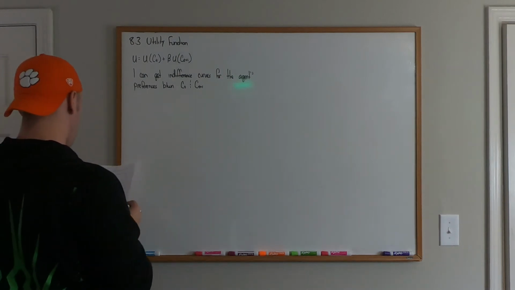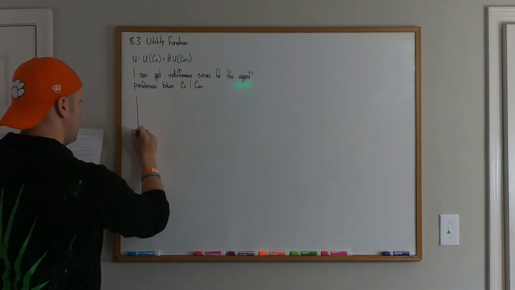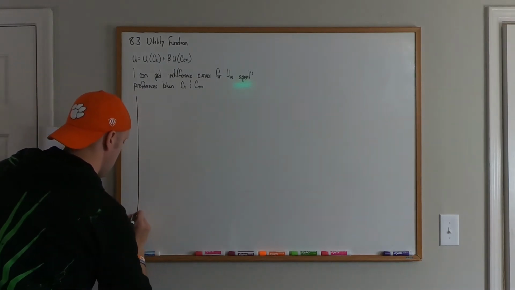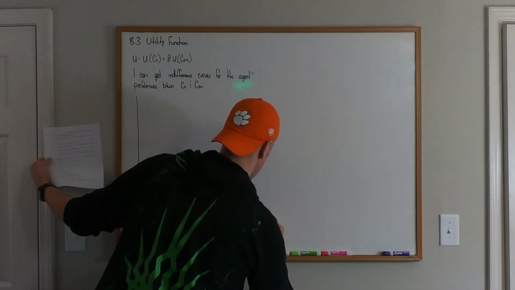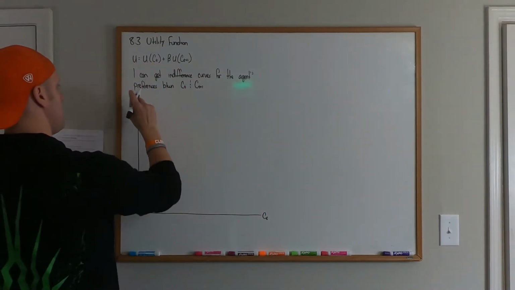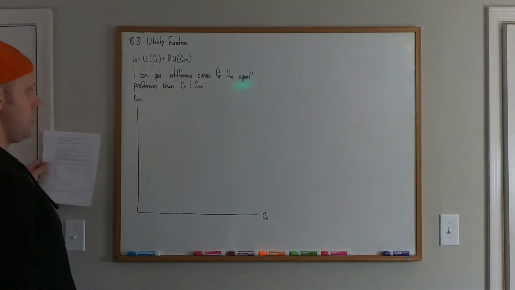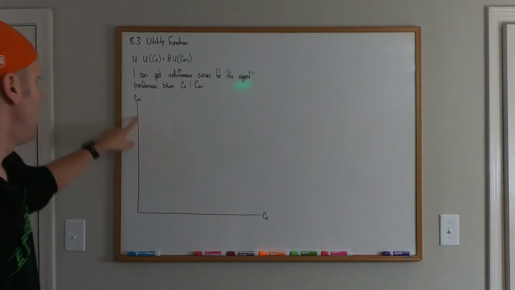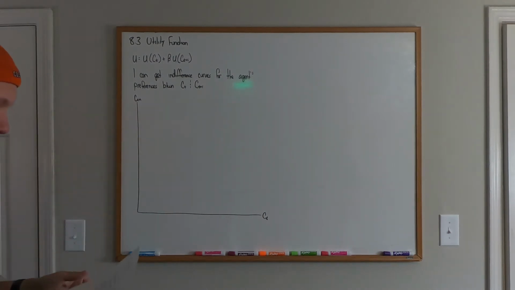All right, so let's draw another graph. So I have, again, current and future consumption. It's the same set of axes that we had for the budget constraint.